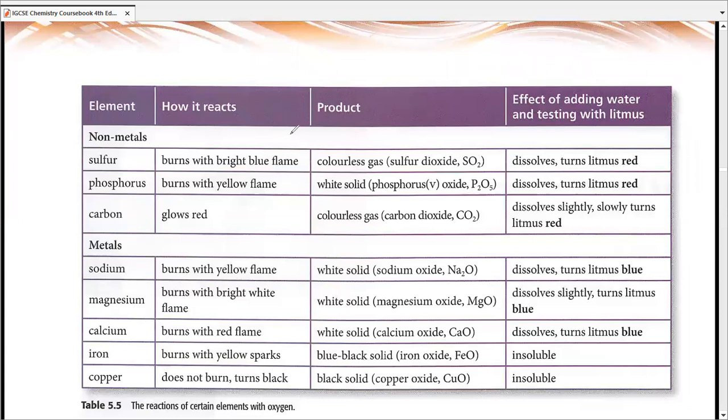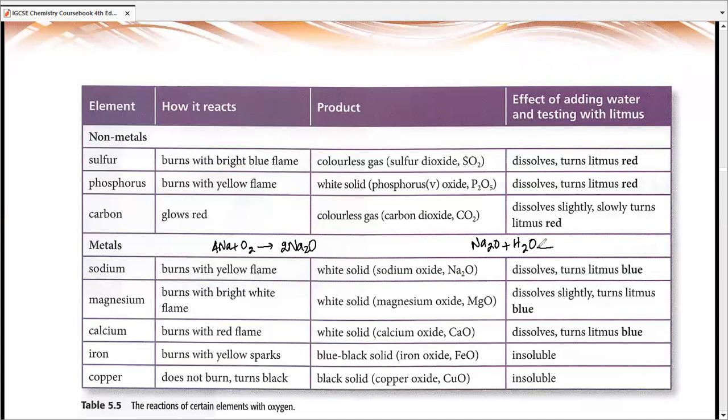Okay, moving on with metals. The first one is sodium. It burns with a persistent yellow flame. Sodium reacts with oxygen in such a way that 4Na plus O2 gives us 2Na2O. That's the equation. It's a white solid. We call it sodium oxide, the formula for which is Na2O. Now, Na2O can easily dissolve in water.